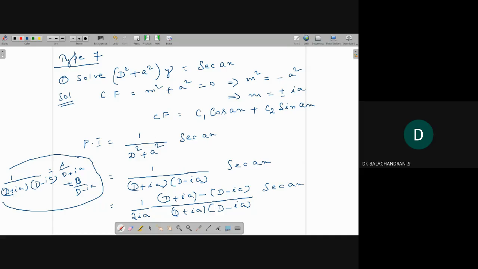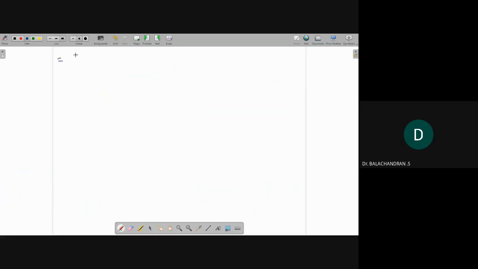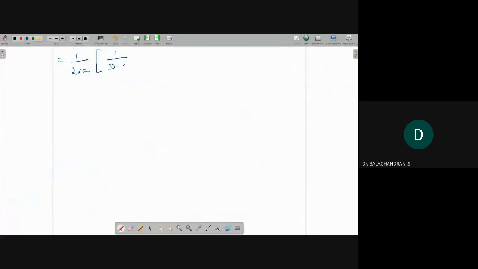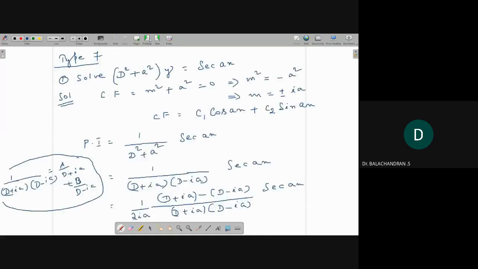The next step, 1 by 2ia is common, 1 by (D minus ia) minus 1 by (D plus ia), into secant ax.